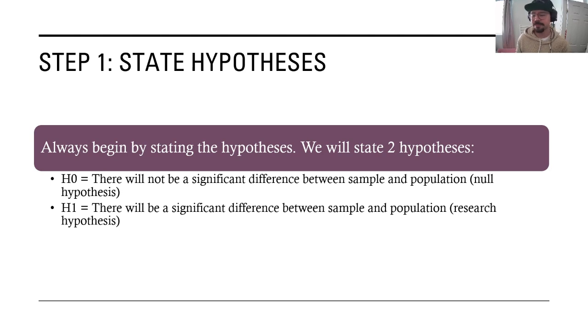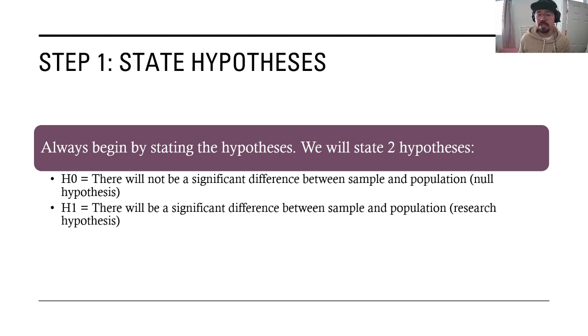That's fine. So your H0 is your null hypothesis, and in that you're saying there's not going to be a difference between my sample and my population. And what does that mean? When we're collecting sample data, we want to know how reflective this sample is of our population.